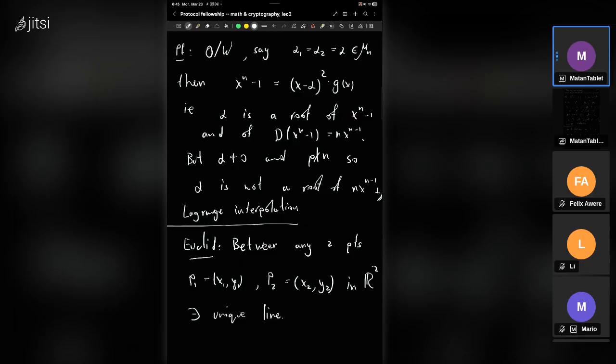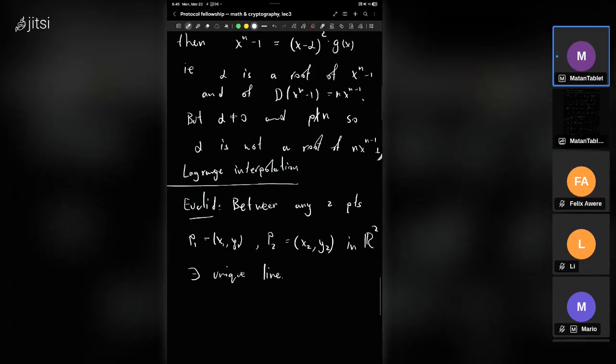How do you know it? Well, for Euclid, it was even without coordinates, it was like an axiom. But in fact, with coordinates, we can turn this axiom into a proposition that can be easily proved, because a line has this equation y equals ax plus b.